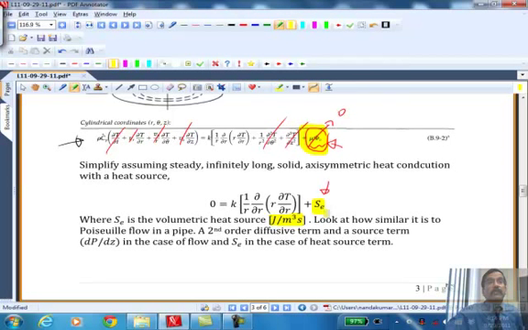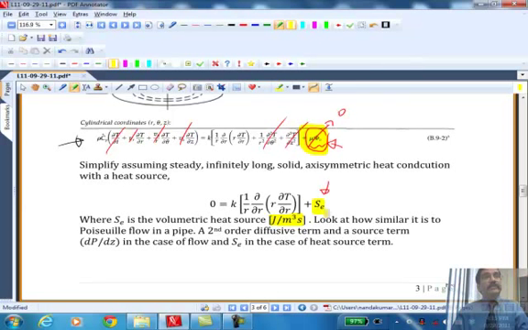And nuclear heating, for example, in a nuclear reaction, the fuel rod that is made up of cylindrical geometry, there is a nuclear reaction that can create some heat for you as well. There is an example in Bird, Stewart, and Lightfoot where he talks about both chemical reaction and nuclear reaction as sources. He also talks about viscous heating, which I'm going to do, but the remaining two I won't do. But you will be responsible for handling all these variations.